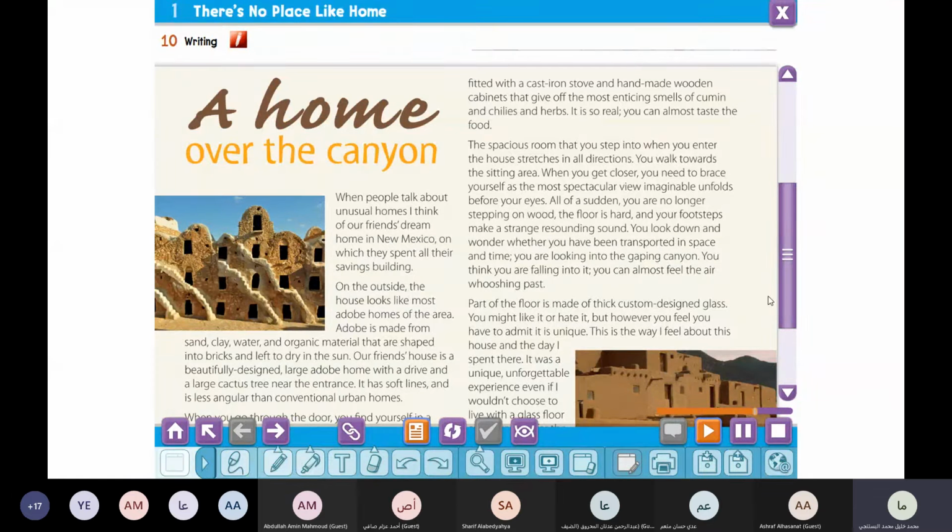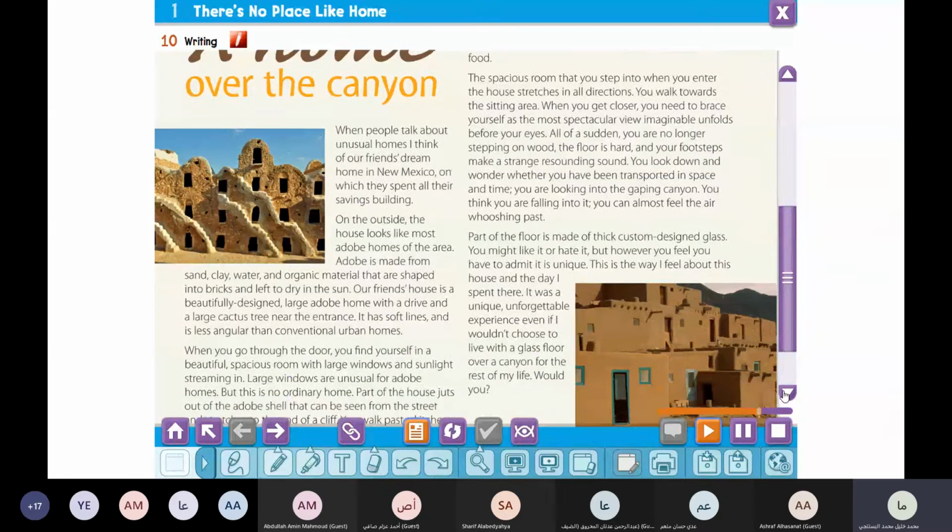You look down and wonder whether you have been transported in space and time. You are looking into the gaping canyon. You think you are falling into it. You can almost feel the air whooshing past. Part of the floor is made of thick, custom-designed glass. You might like it or hate it, but however you feel, you have to admit it is unique.